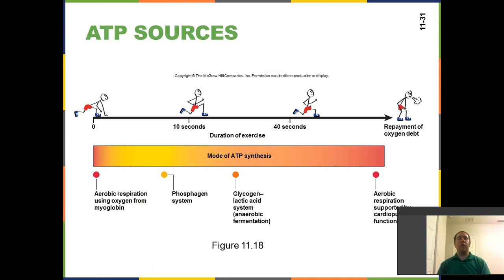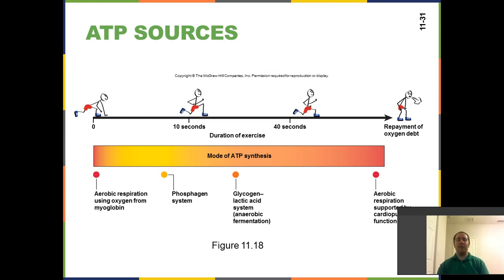This is going to allow us to make ATP without actually using aerobic respiration or anaerobic fermentation. There's going to be a quick little brief time period where we don't have to use anaerobic fermentation.